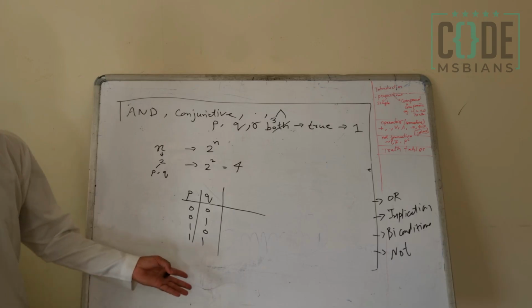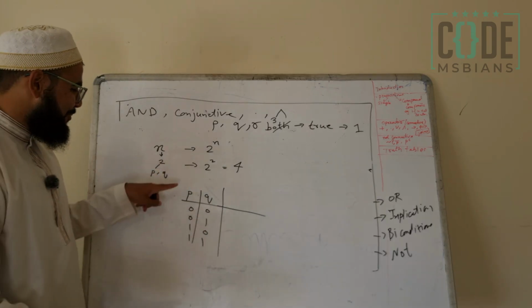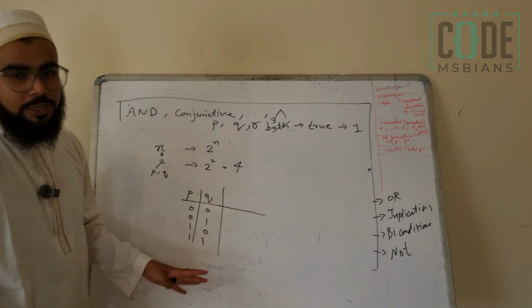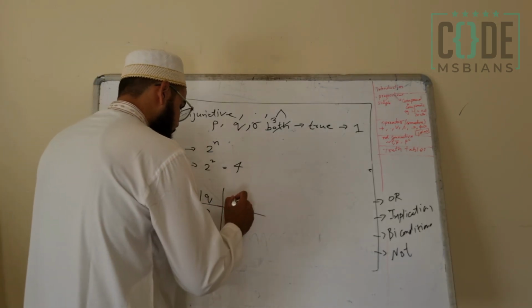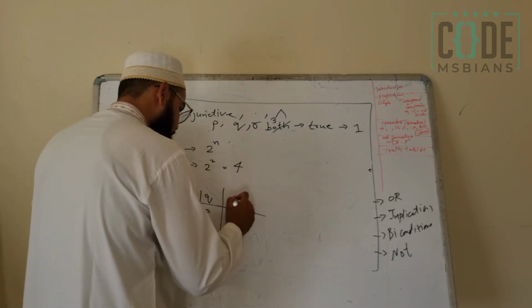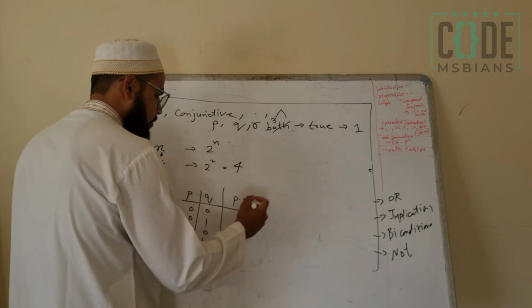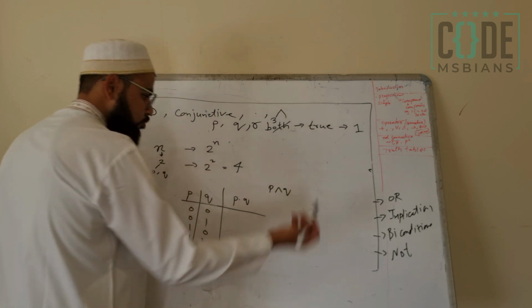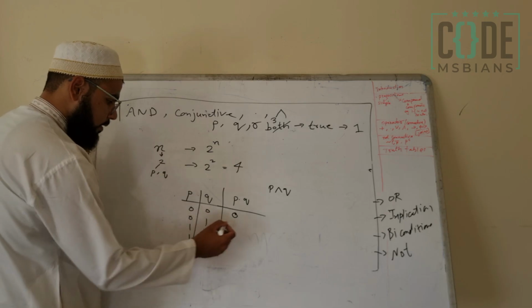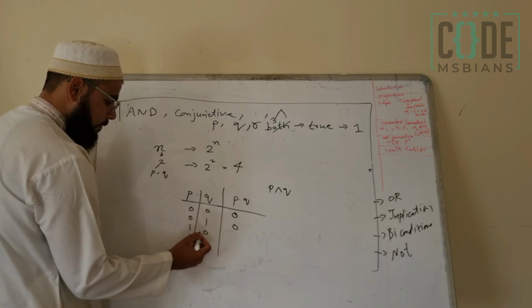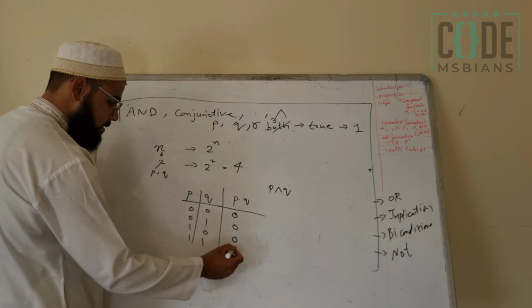You can't have more values than these, because when the variables are 2, only these values are possible. If it is AND, it is p dot q, or you can also write p and q. So 0 dot 0 is 0, 0 dot 1 is 0, 1 dot 0 is 0, and 1 dot 1 is 1.